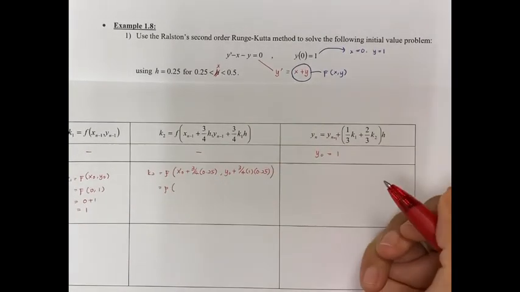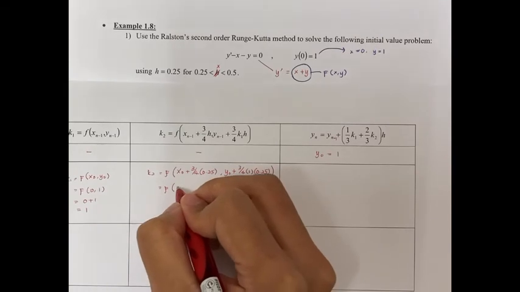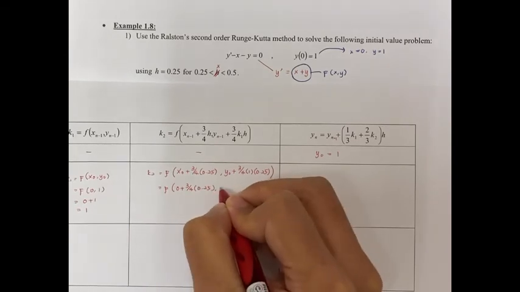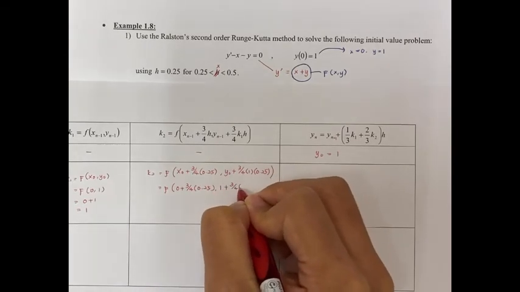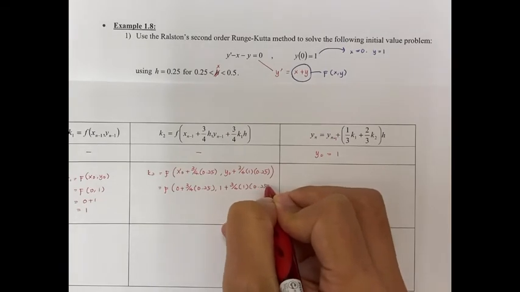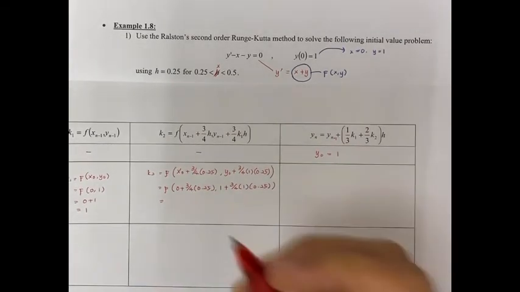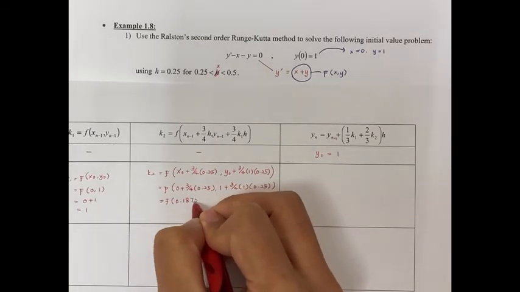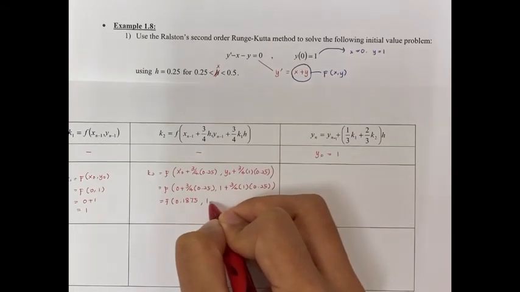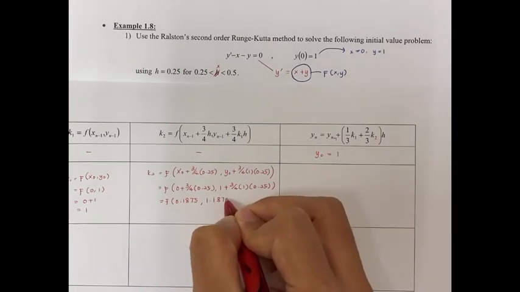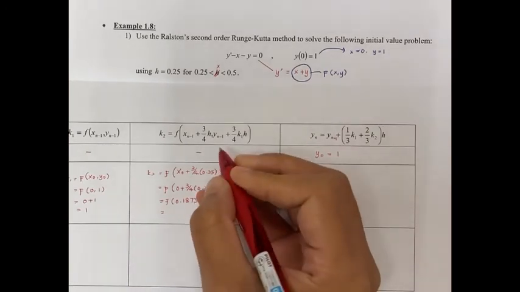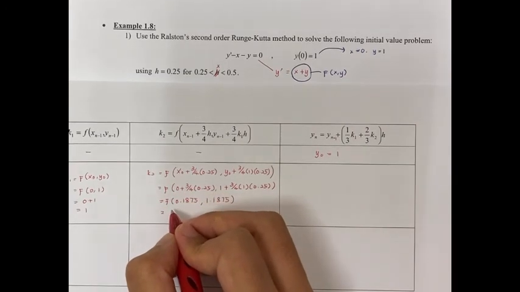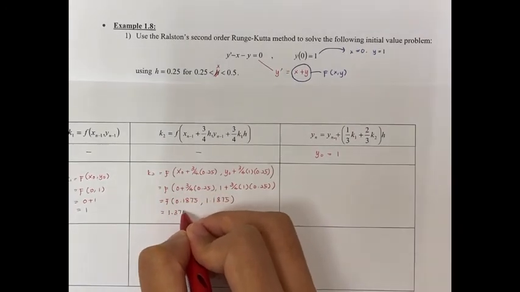Then substitute the value of x0 and y0. Again, x0 is 0 and y0 is equal to 1. So you have here f(0.1875, 1.1875). Substitute into your f(x,y), you have k2 equal to 1.375.